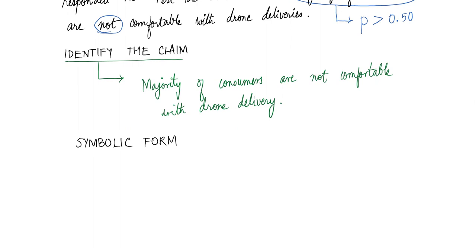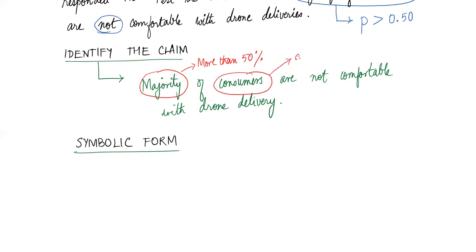And that's what we just did when I explained it there. So you come back and you say, okay, majority means more than 50% of the consumers, right? And consumers here means all of them, which implies we're talking about the population proportion.